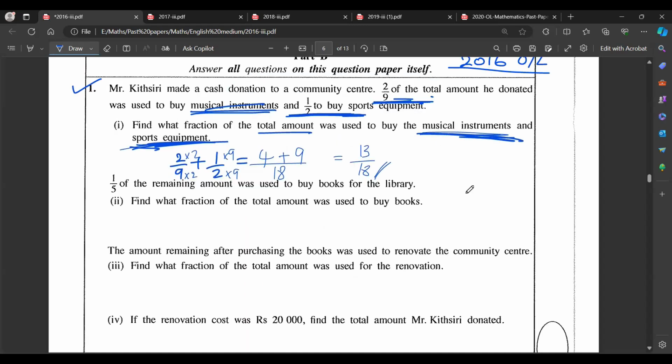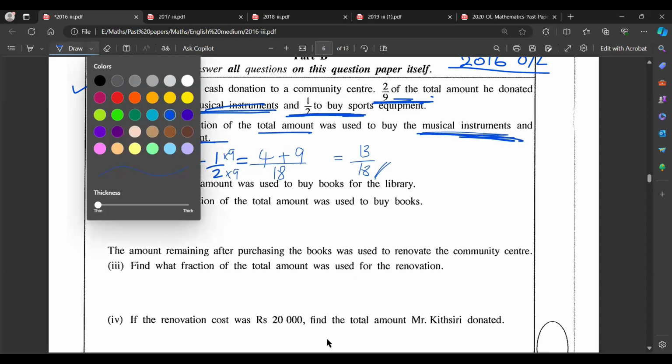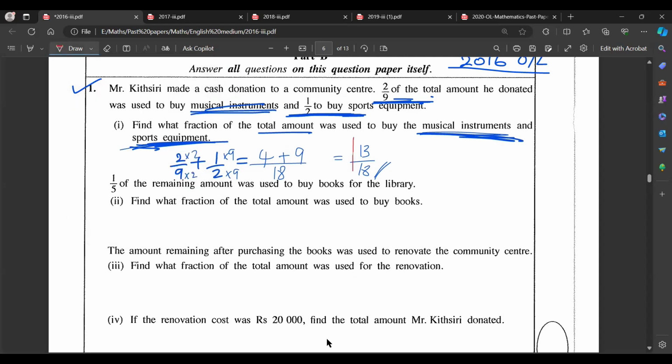What is the fraction there? 13 over 18. So what is the remaining after this? If there are 18 parts and 13 parts are already given, so the remaining should be 5 parts out of 18.